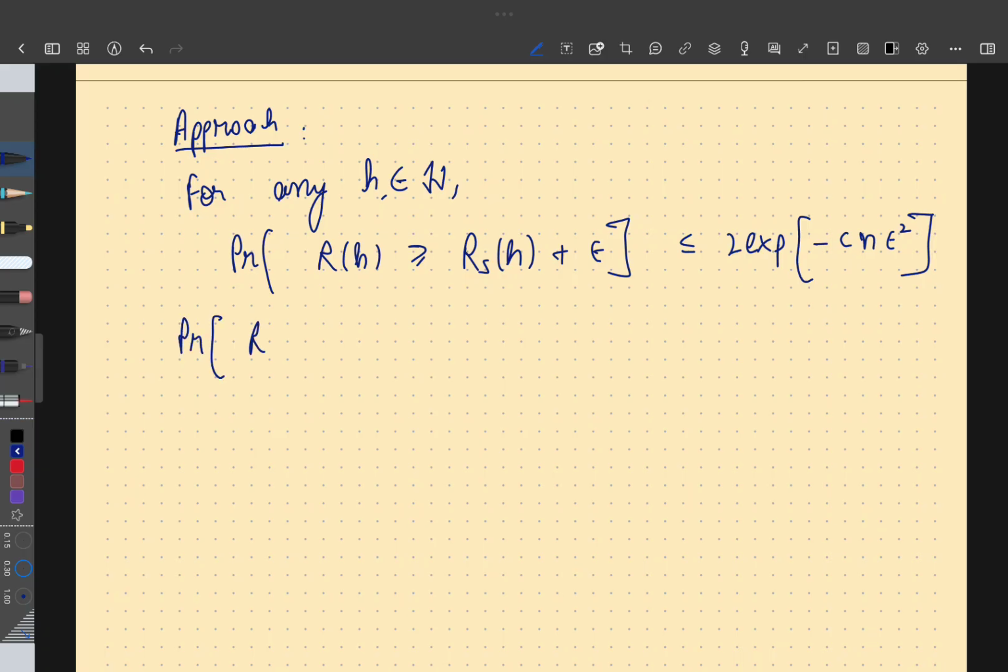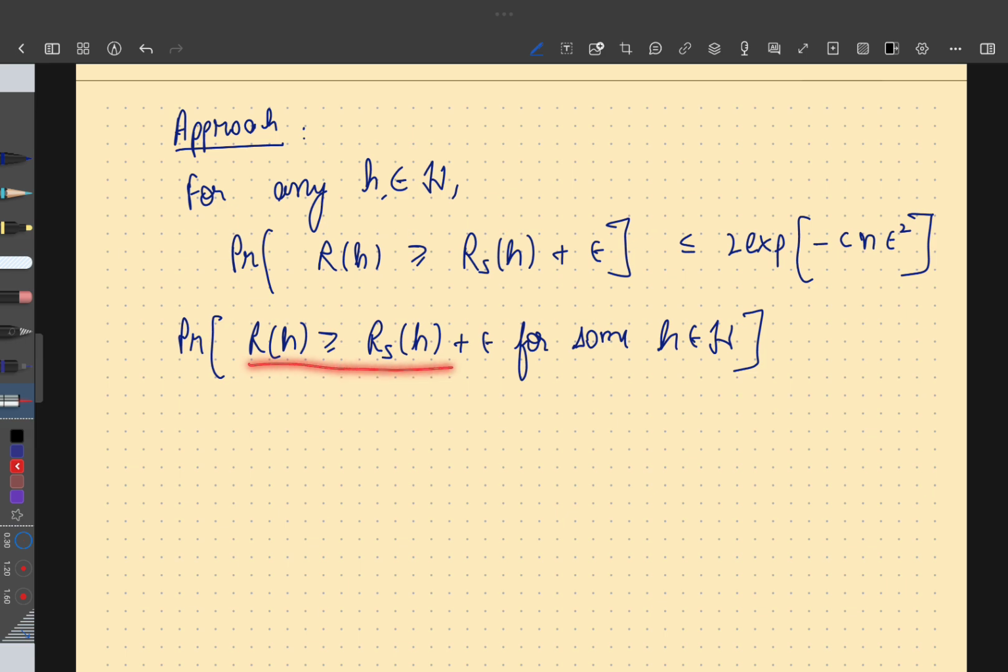So the probability that R of h is greater than or equal to Rs of h plus epsilon for some h. Remember that the complement of this event is that R of h is less than or equal to Rs of h plus epsilon for every h.